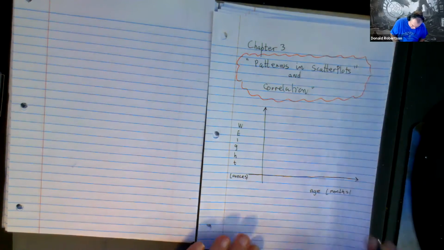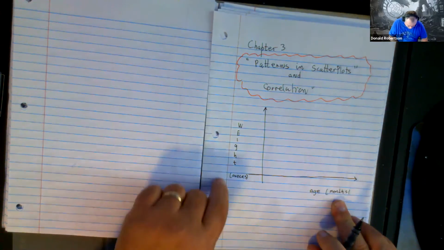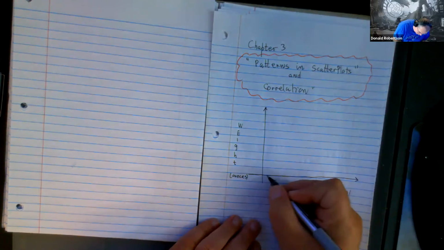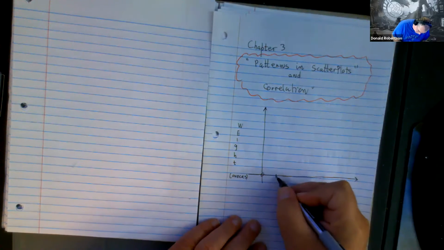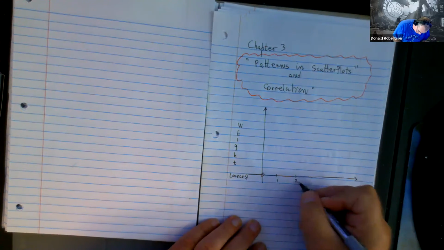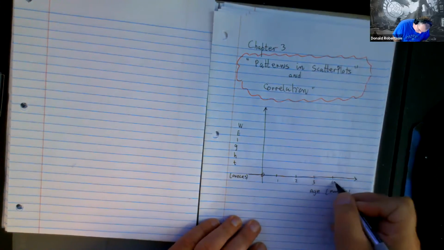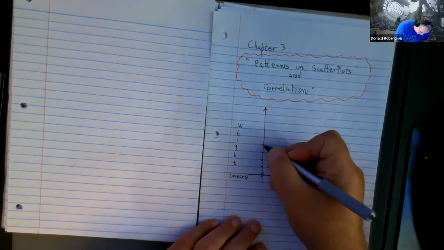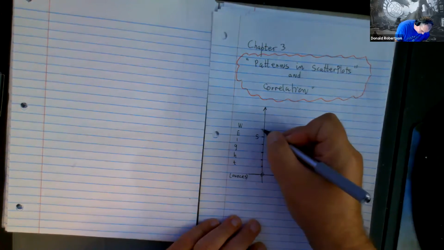So the units are age in months against weight, and they collected a whole, I don't know, hundreds and hundreds of these little creatures. 1 month old, 2 month old, 3 month old, 4 month old, say 5 months. And it was 1, 2, 3, 4, 5 ounces, 6, 7, 8.